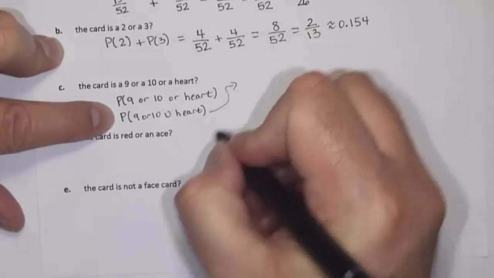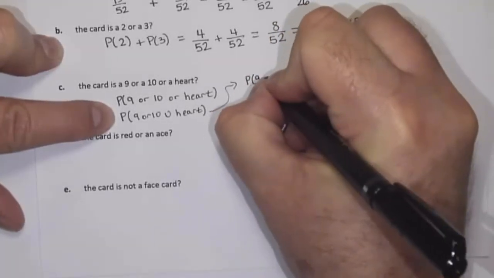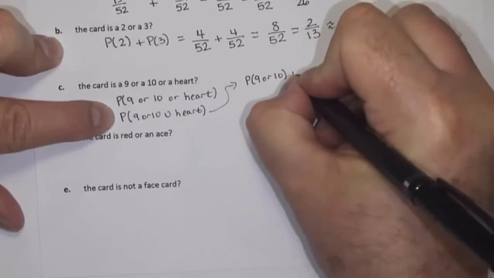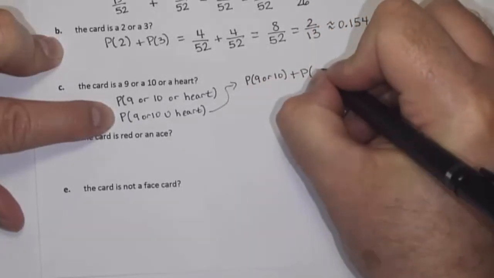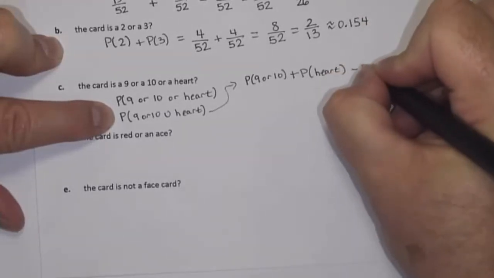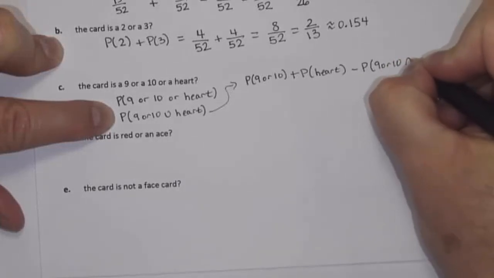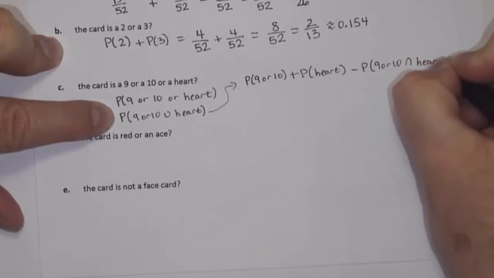So I'm kind of thinking about it that way. So can I find the probability of being a 9 or a 10 plus the probability of being a heart and subtract out the probability of being a 9 or a 10 and a heart at the same time?